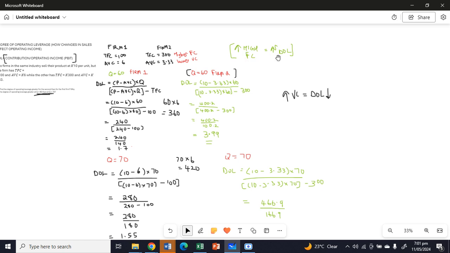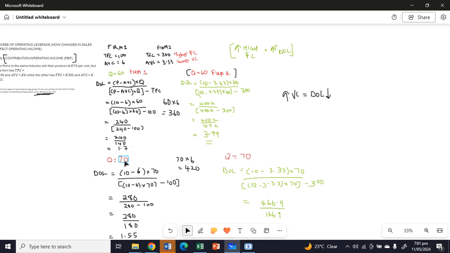Then when it comes to variable costs, there's an inverse relationship with the degree of operating leverage. When we look at frame 1 and the quantity is 60, the degree of operating leverage is 1.7.